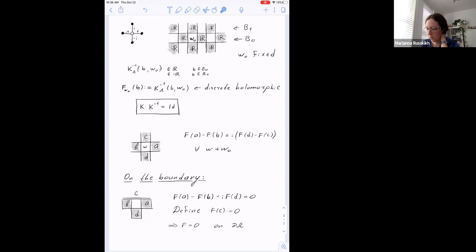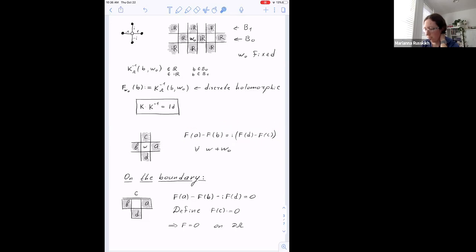Then, as we just saw on this slide, the identity that the product of the Kasteleyn matrix and the inverse Kasteleyn matrix is the identity implies that this function satisfies this identity for each W which is not W0. And this is the discrete version of a Cauchy-Riemann equation.